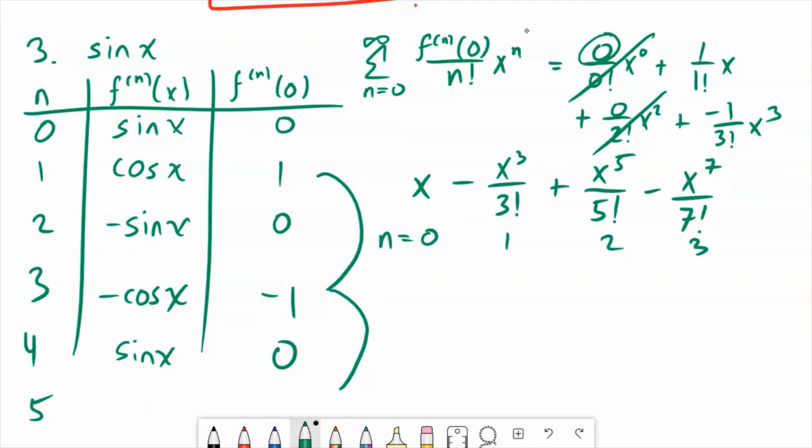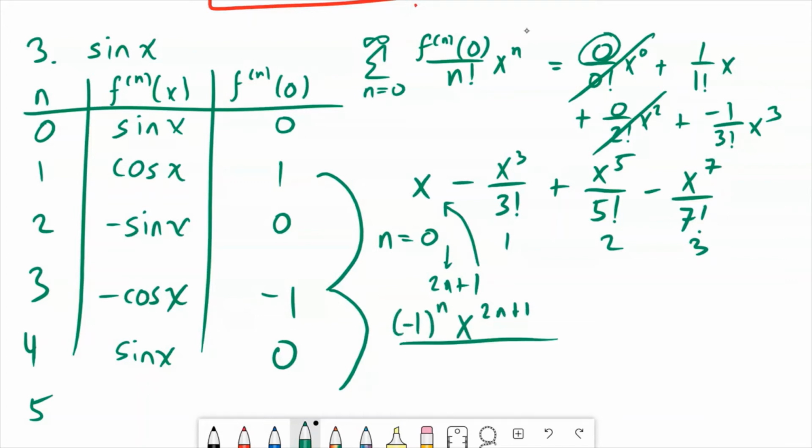Well, notice that every odd number can be represented by 2n plus 1. So if I plug in 0 here, it should be 1, and that appears here. If I plug in 1, it should be 2 times 1 plus 1, which is 3. So this 2n plus 1 is the exponent. And then it alternates sign, so we want to add a factor that changes sign as n increases.